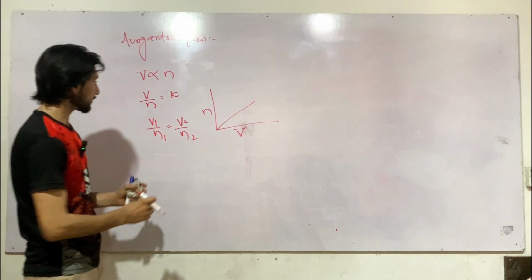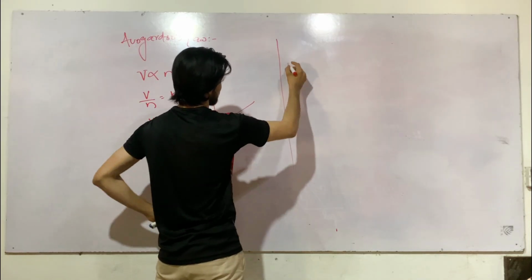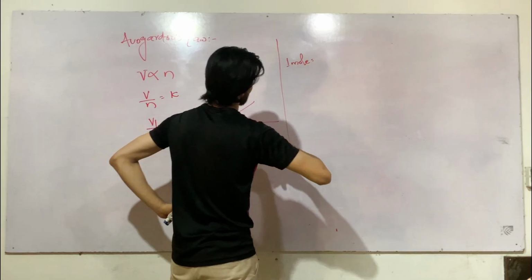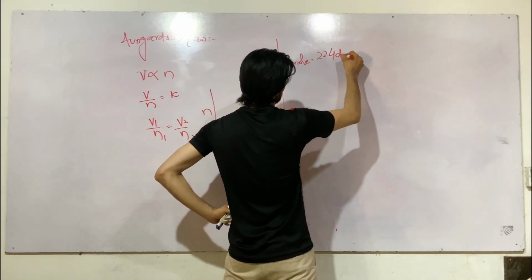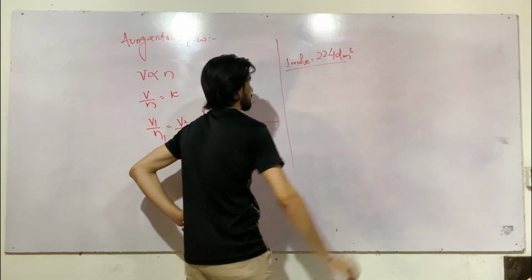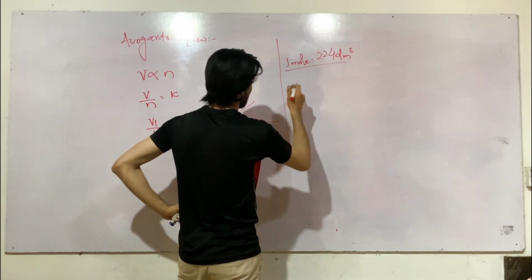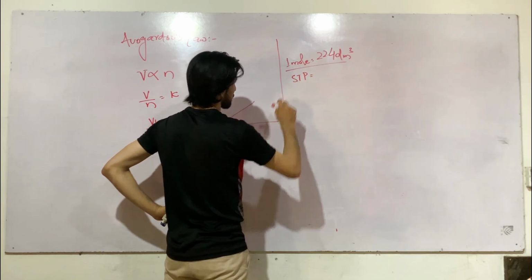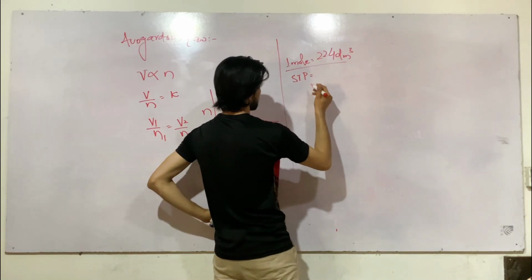Okay, so now we know in numerical values that 1 mole of every gas, independent of the gas, occupies 22.4 decimeter cubes. Independent of the gas, but you must take this calculation at STP, standard temperature and pressure. What is standard temperature?